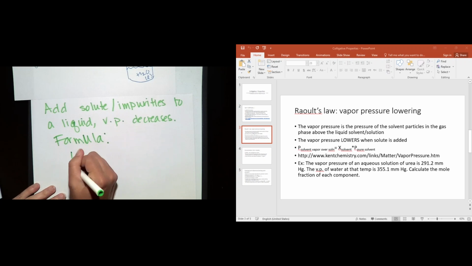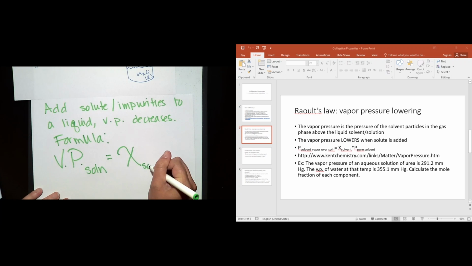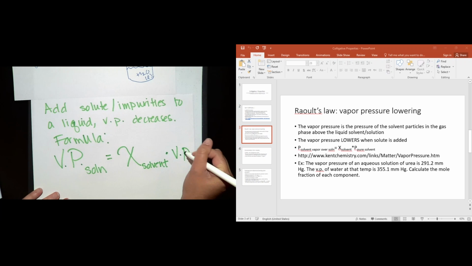Okay, so the pressure, this is the vapor pressure, let's say VP, of the solution, SOLN is my shorthand for solution, is equal to the mole fraction of the solvent times the vapor pressure of that solvent, not solute.